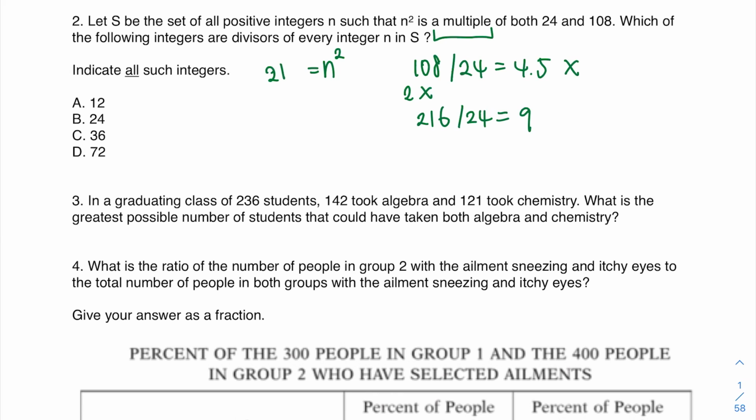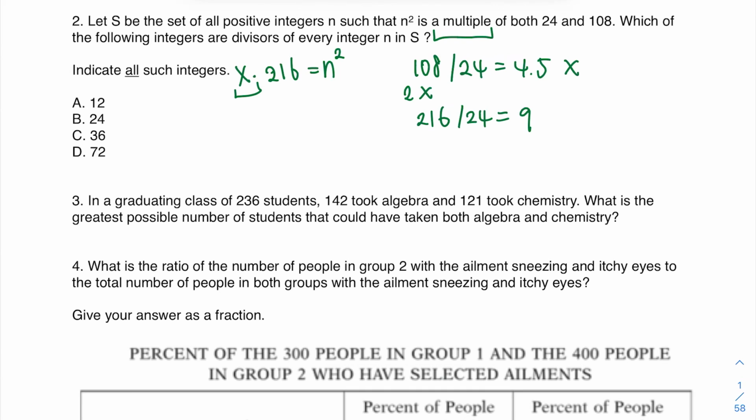So we can assume that the smallest n squared is 216, but we also need to multiply by some x. So some number times 216 is n squared, and n squared is also an integer.